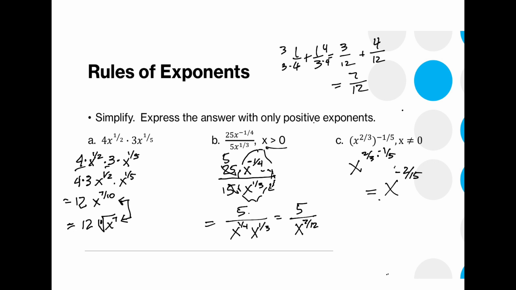So it's negative. We think of that as being over 1, so that would move this down to the denominator, 1 over x to the 2/15. Now my exponents are positive, and so that can be my final answer.